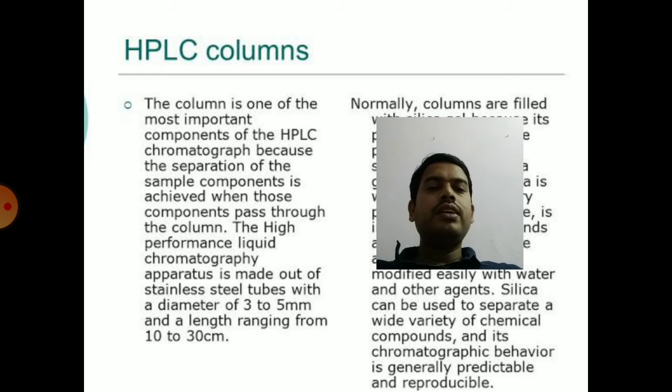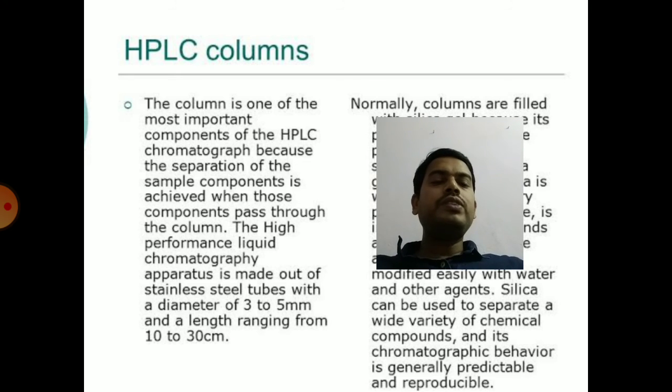You can clearly see the apparatus. The diameter of the column will be around 3 to 5 mm and the length will range from 10 to 30 centimeters. The length of the column also depends upon the size and shape of the solute particles to be separated.